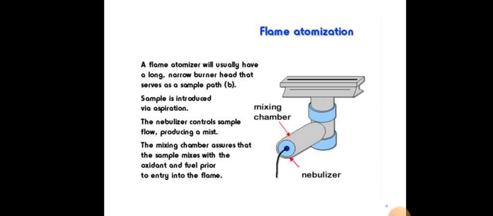So in the mixing chamber we mix the sample droplets, fuel, and oxidant, and this mixture will be introduced into the burner head, and we will have the flame over there.